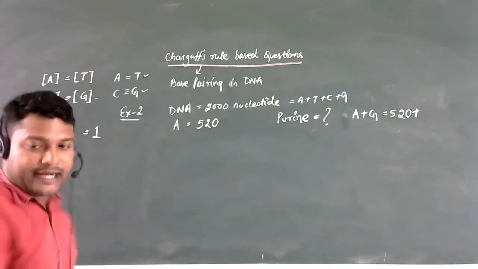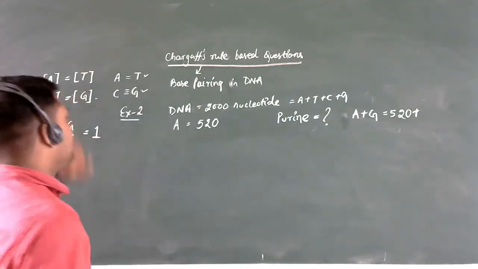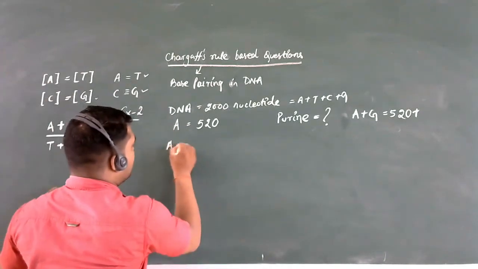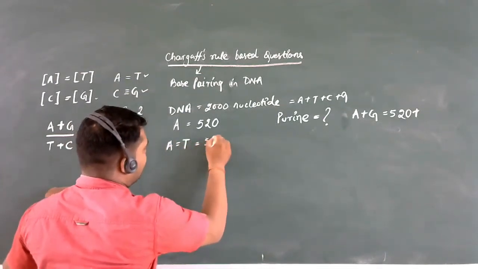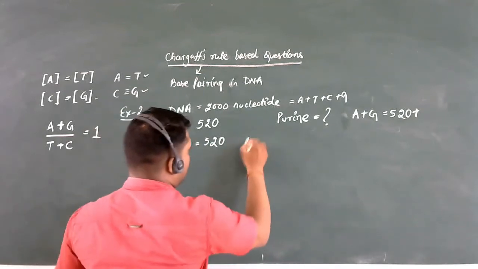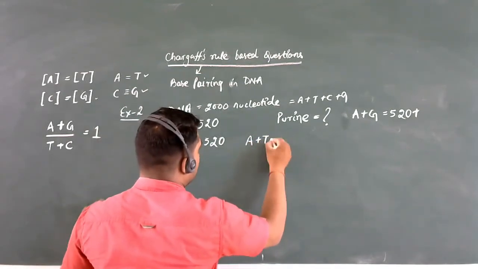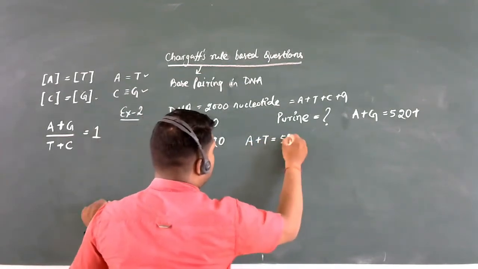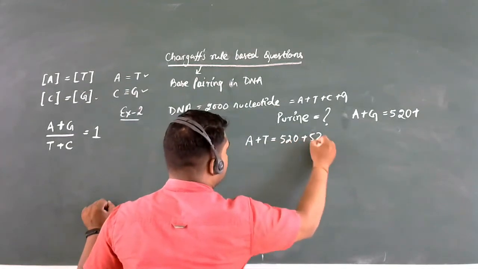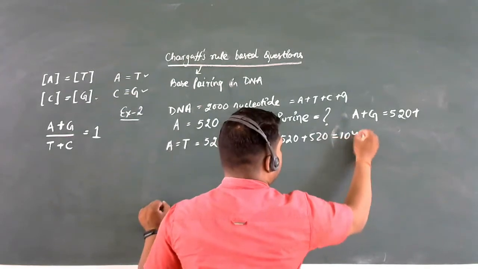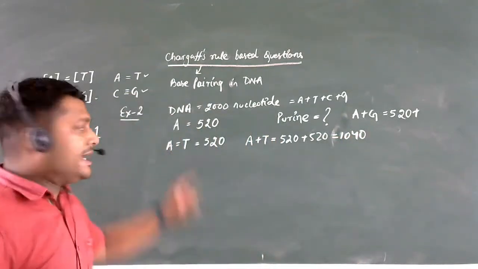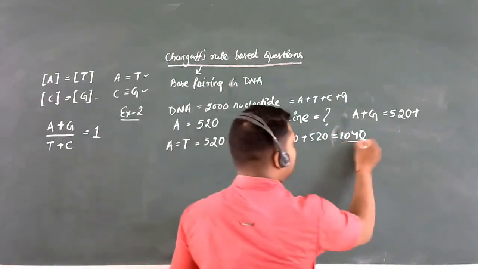Going by the concept, A equals T, that equals 520. So in other words, A plus T is 520 plus 520. I'm sorry, that is going to be 1040. So the A plus T value is 1040.